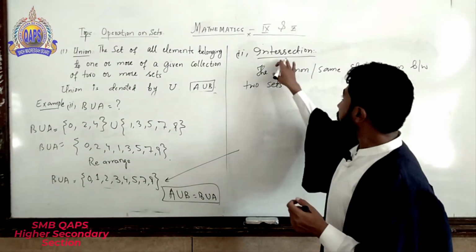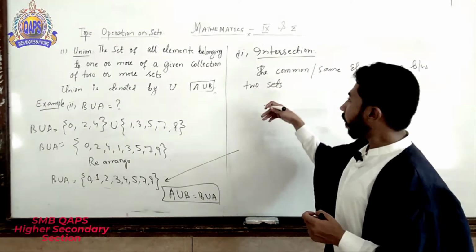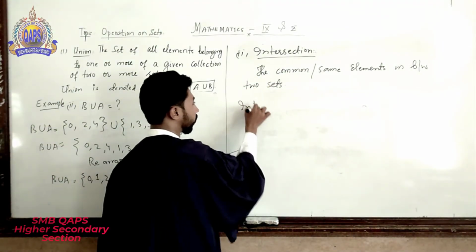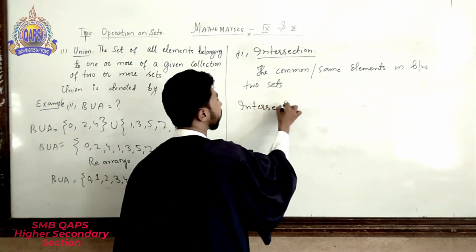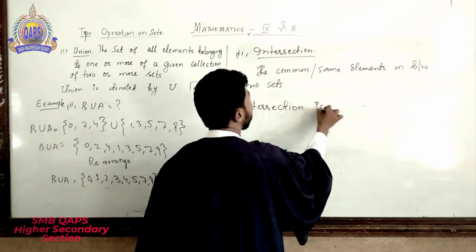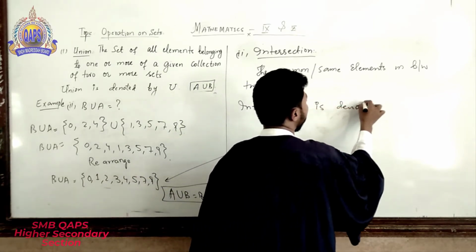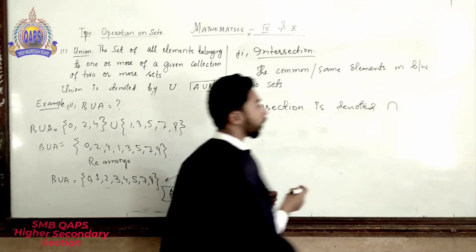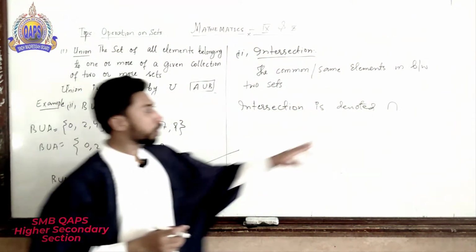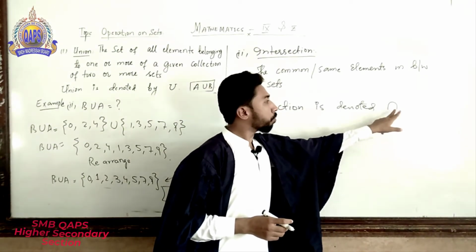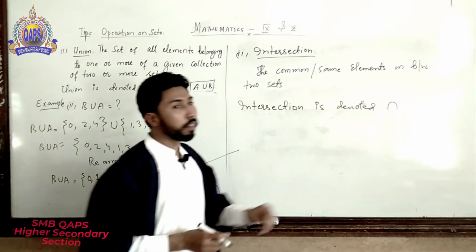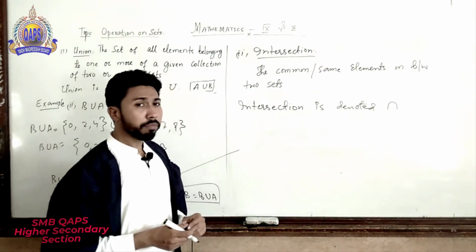Intersection is denoted by this symbol. If this symbol is in between two sets, then this is the symbol of intersection.